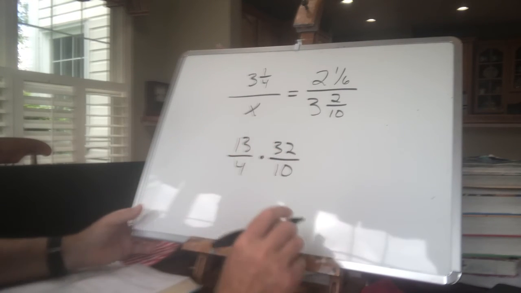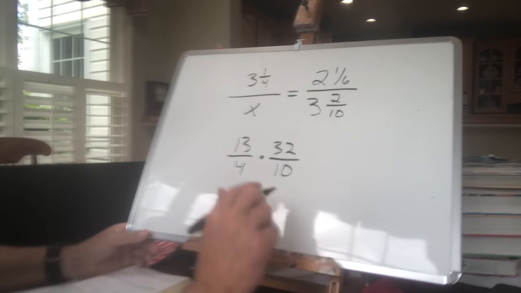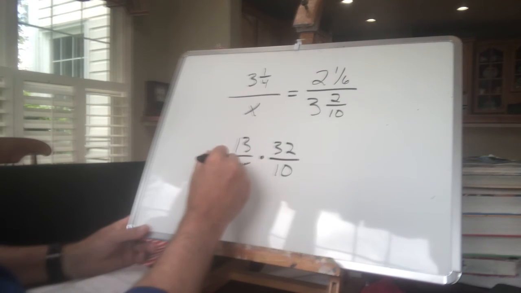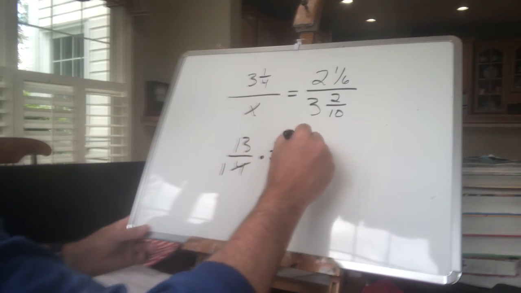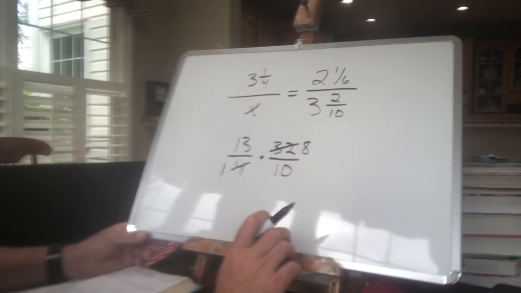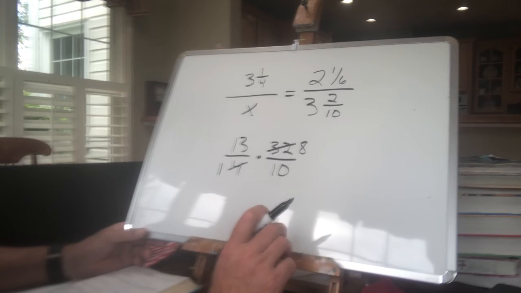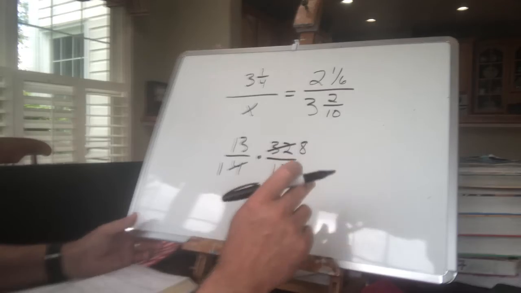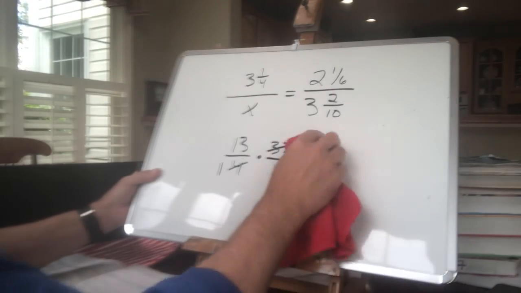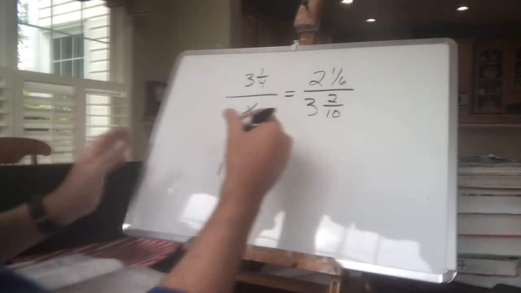When we're multiplying fractions, we want to reduce anything that we possibly can. We can reduce this down to 1, and we can reduce this down to 8, because 8 times 4 is 32. I can still reduce 8/10 down even further to 4/5, which I want to do before I multiply.